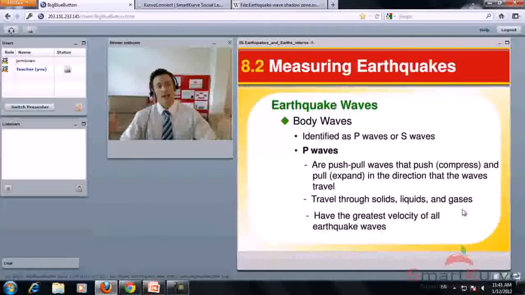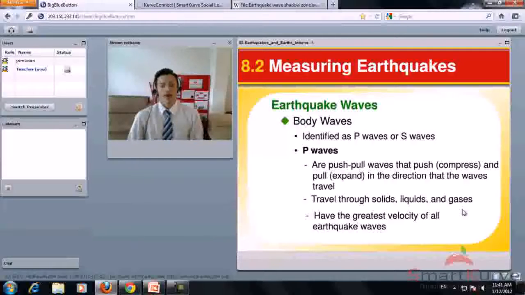It's like if you take a slinky and shake it back and forth like this, or take a spring and just shake it back and forth like this. The kind of wave you're going to get is what scientists call a longitudinal wave. So the particles move in the direction of the wave.